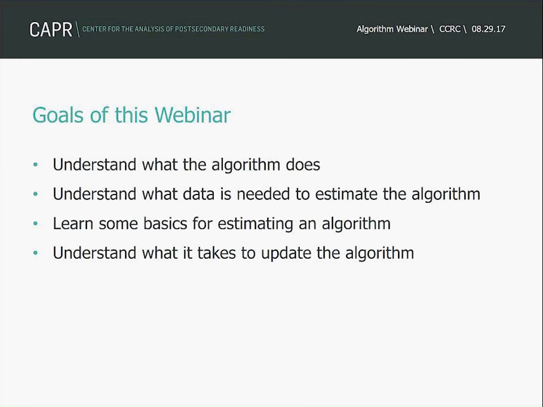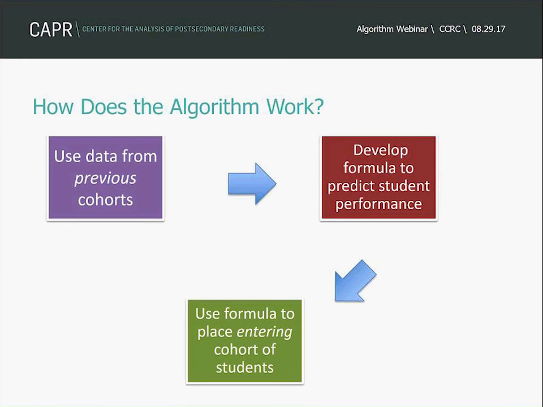All right, so moving along here. To give you just a basic reminder of how the algorithm works, essentially what we do is we start with data from previous cohorts. So this is the historical data, which many of you probably were part of providing to us.